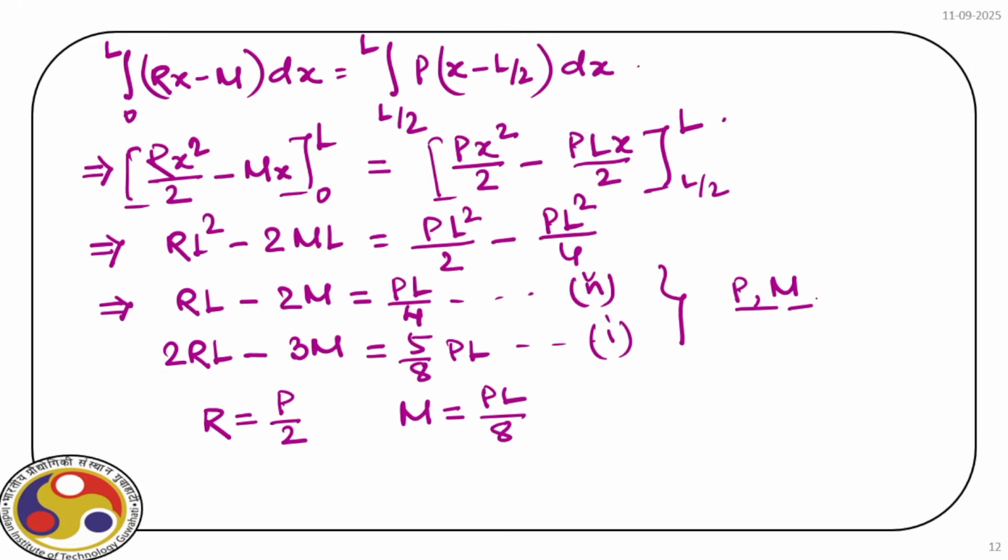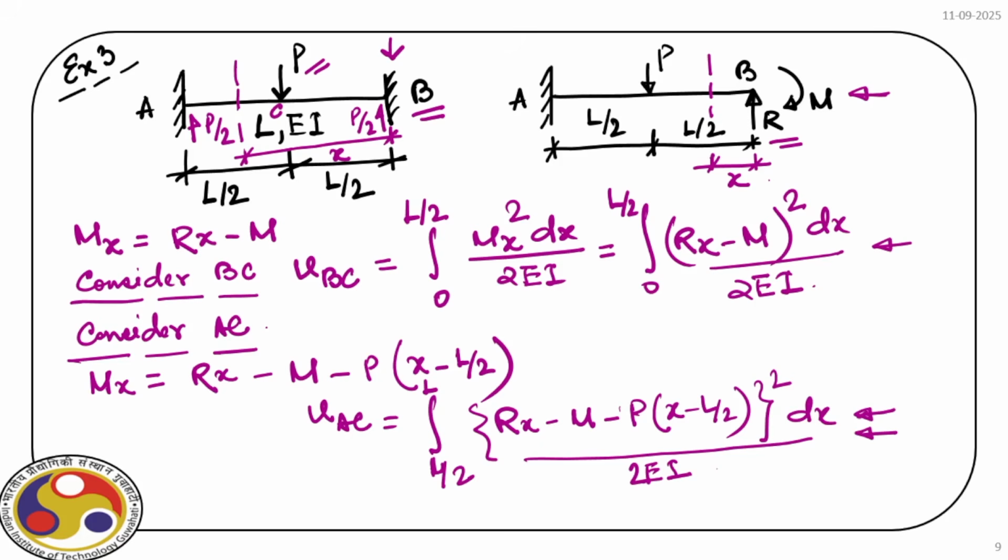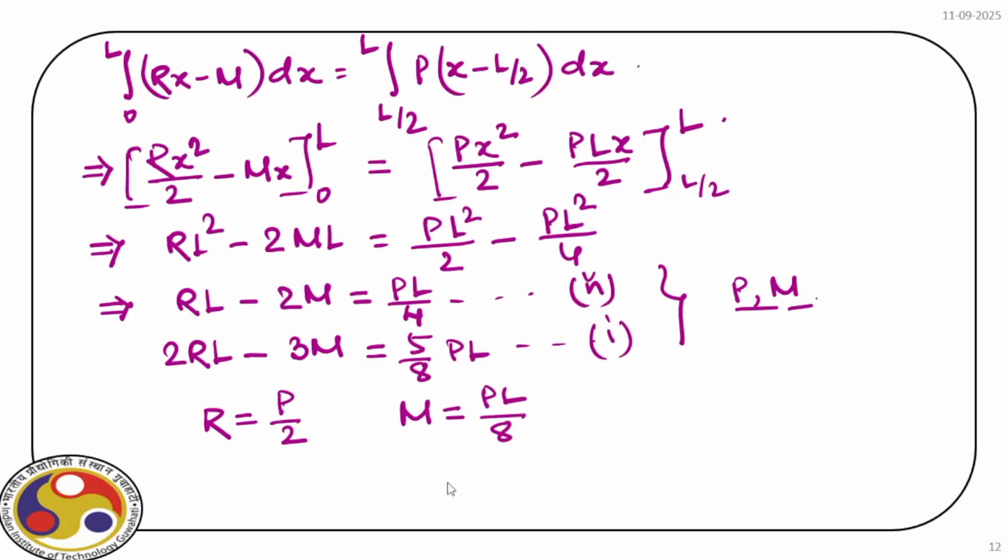So you can see how we can use Castigliano theorem to solve indeterminate structure. In this case, we have this degree of indeterminacy 2, which are at the end B, you can see they are R the reaction and the support moment M. Both of them we have solved using theorem of Castigliano, right?